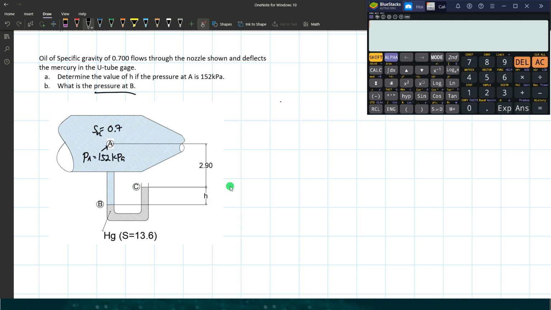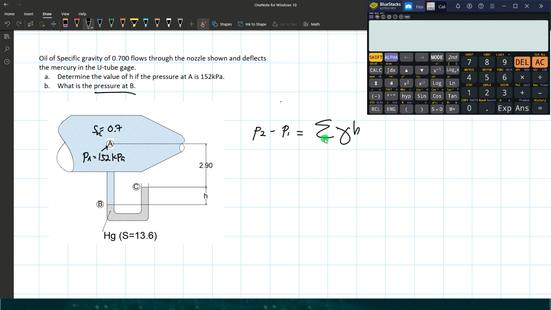So recalling the general equation for pressure measurement, we have two points, point 1 and point 2. We have P2 minus P1, which is the pressure difference, equal to the sum of all the products of unit weight of the fluid and its corresponding height or deflection.